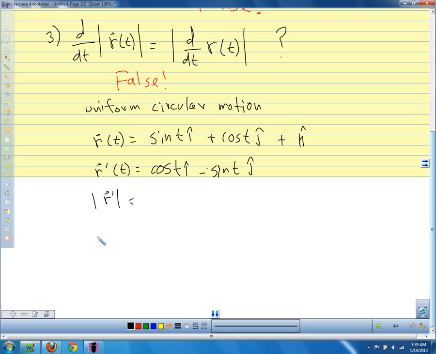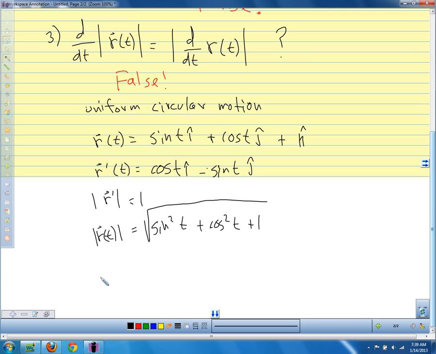The magnitude of r of t is the square root of sine squared t plus cosine squared t plus 1. Square root, sorry, yes.